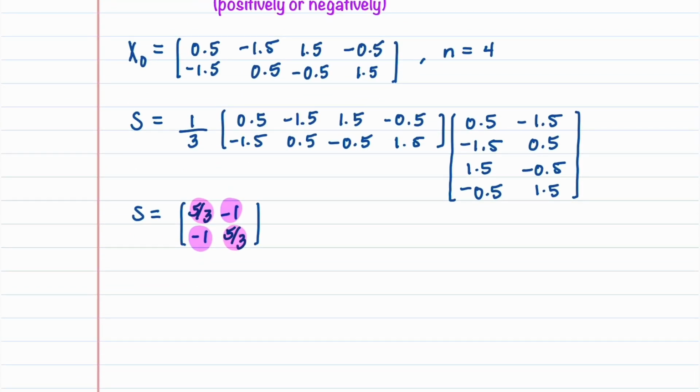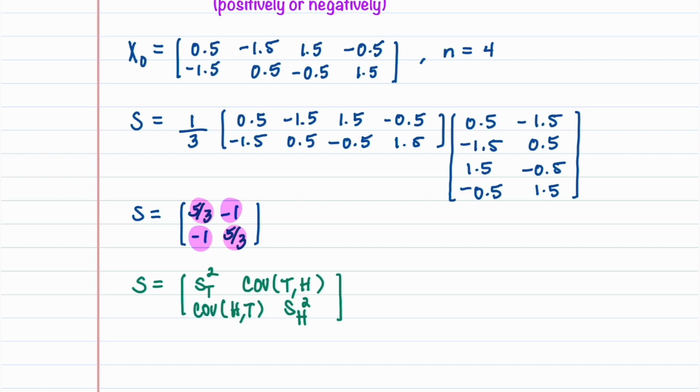I'm going to write down a general formula for S just so that you can see. The first entry is S sub t squared, and then we have the covariance of t and h, and then in the lower right, we have the covariance of h and t, and then in our other entry along the diagonal, we have S sub h squared.